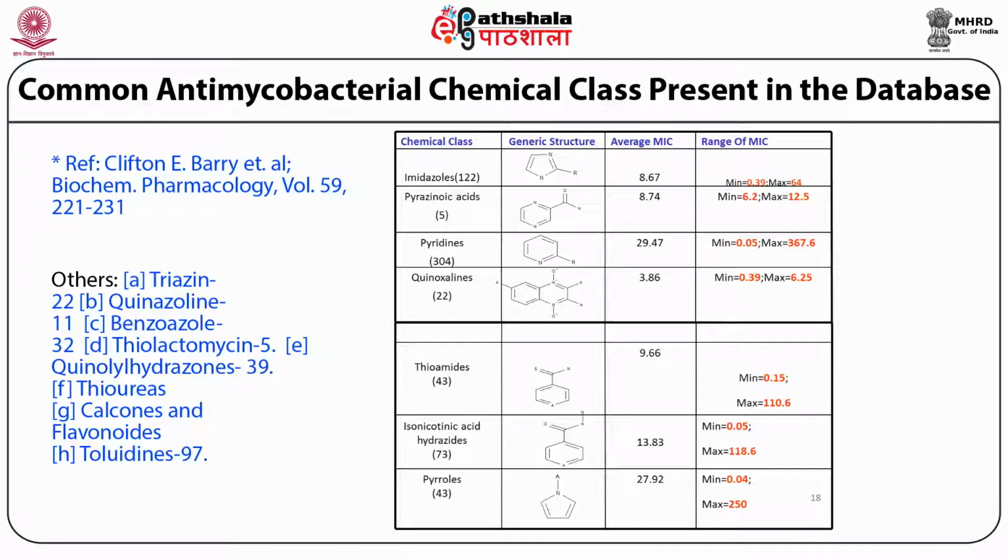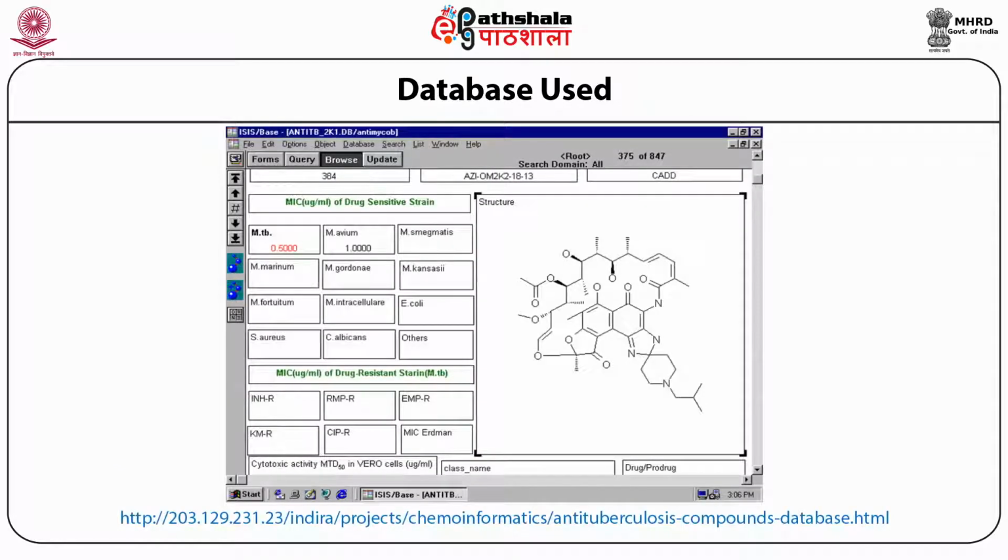Because they have been tested in different methods, and in different strains of mycobacteria. So we might have different minimums and maximums, and it is shown as the range of MICs. Having this information, we can develop a very good database structure and then start understanding from these chemicals. So this is a perfect example of data-driven research.